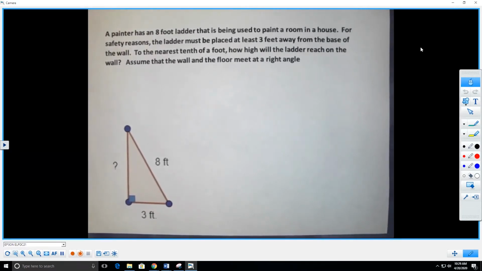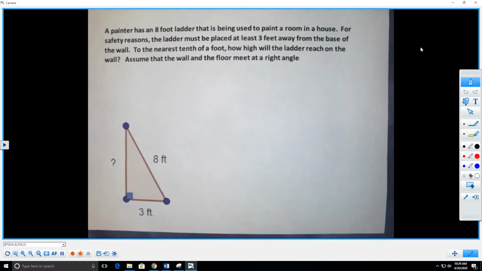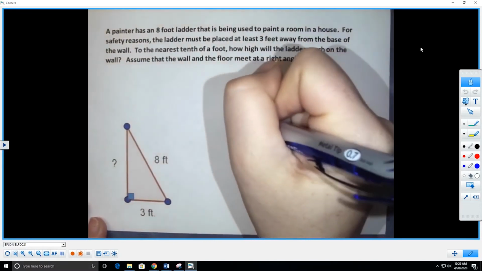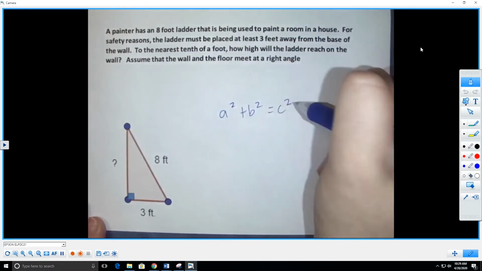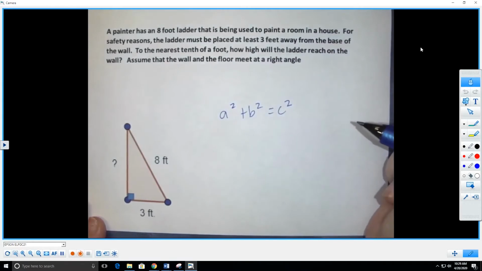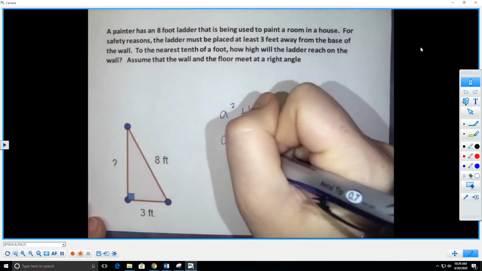So we need to find the missing side length, which is how high up on the wall the ladder will reach. In this case, we need a leg length. So we can solve it this way. Follow along with me. I'm going to start with my formula, a squared plus b squared equals c squared. This time I'm going to leave a blank.